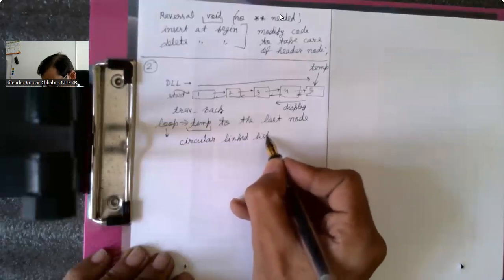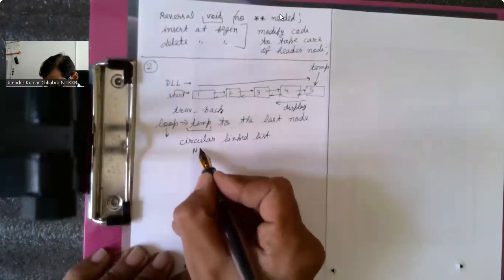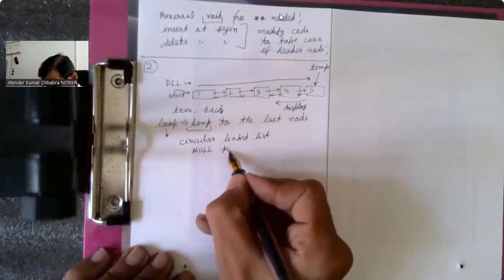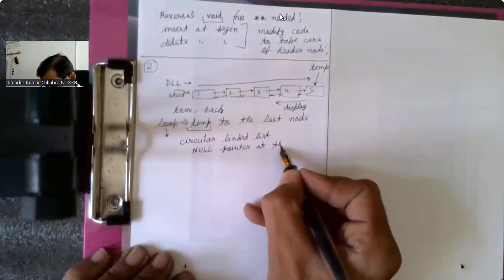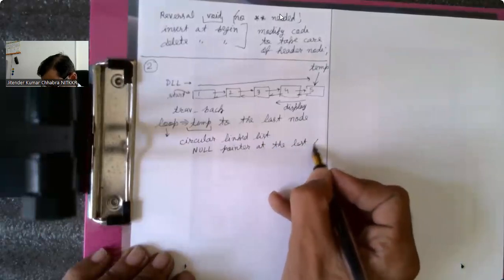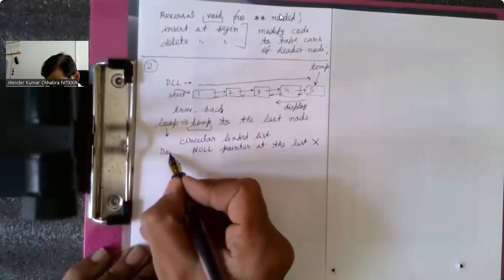What does that mean? Instead of the null pointers at the end, which we used at the last, that will be removed. We will not use it.